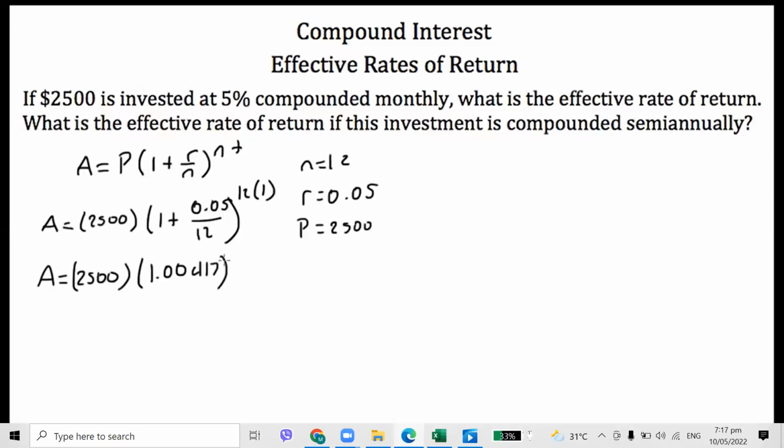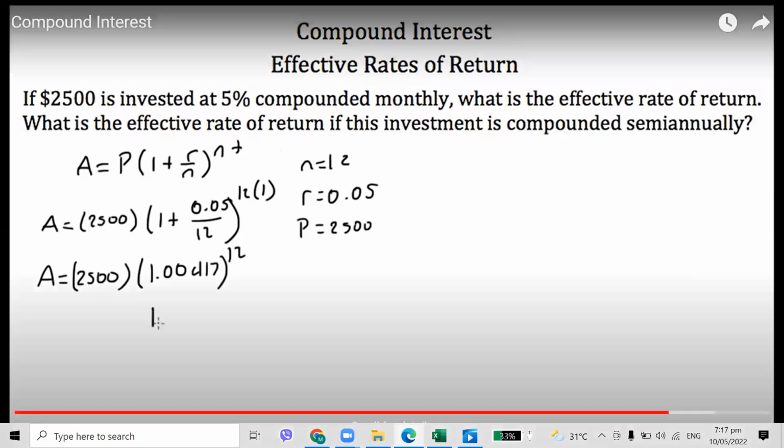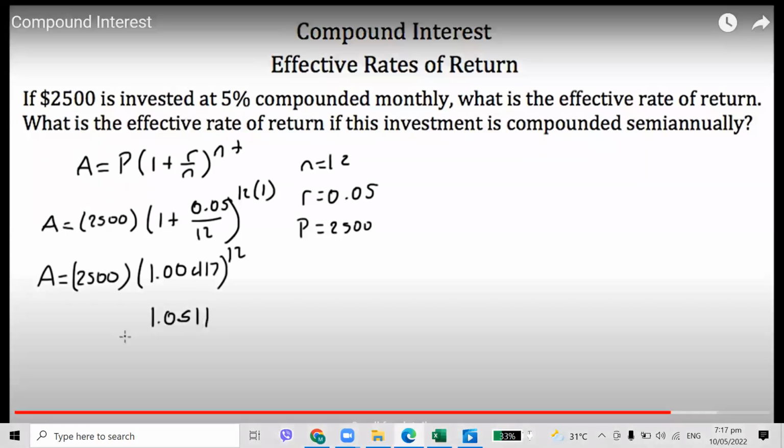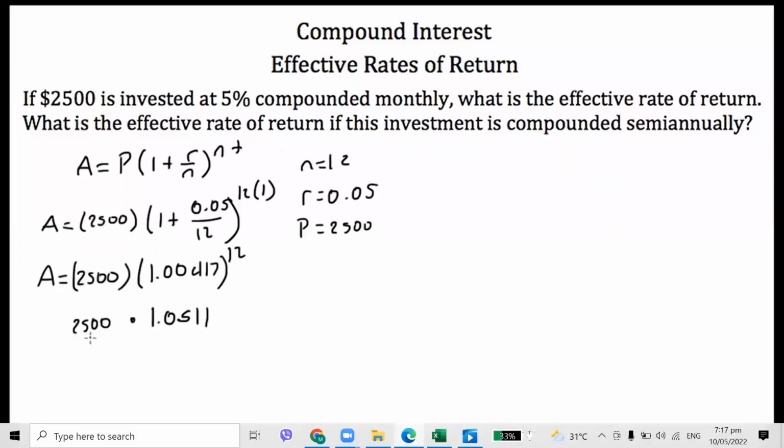And this is raised to the 12th power. That's equal to 1.0511. Multiply that by 2,500. And our final amount is $2,627.90.